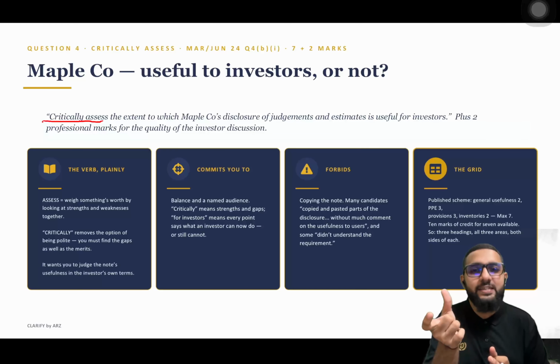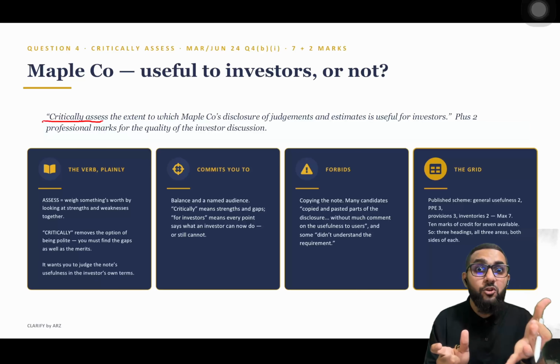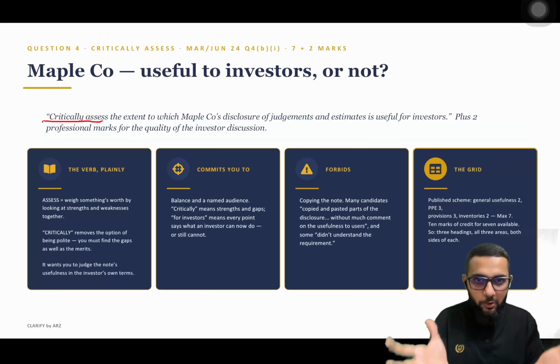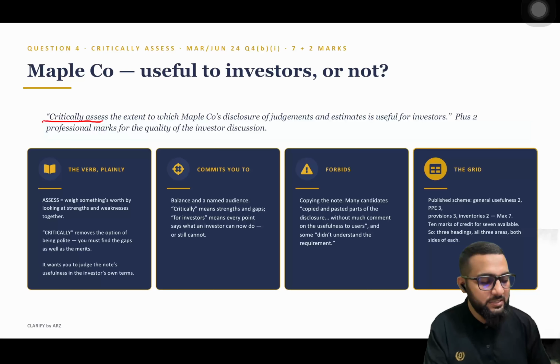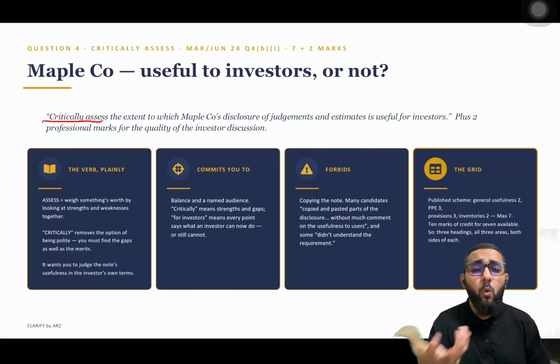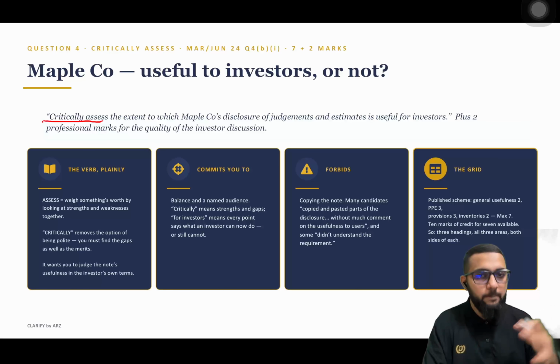When they use the critically assessed term, critically requires you to be a critique, look at things that are not good, not favorable, not positive, give more weightage to that, but talk about both the sides. That's what this requires. So weigh something's worth by looking at strengths and weaknesses together, but focus on what is not favorable more. All right.